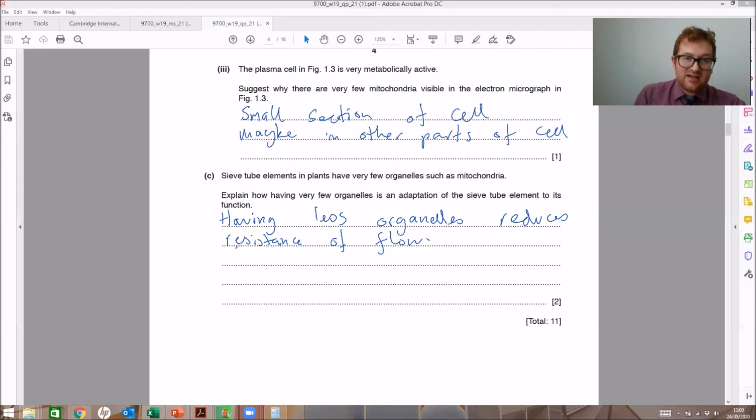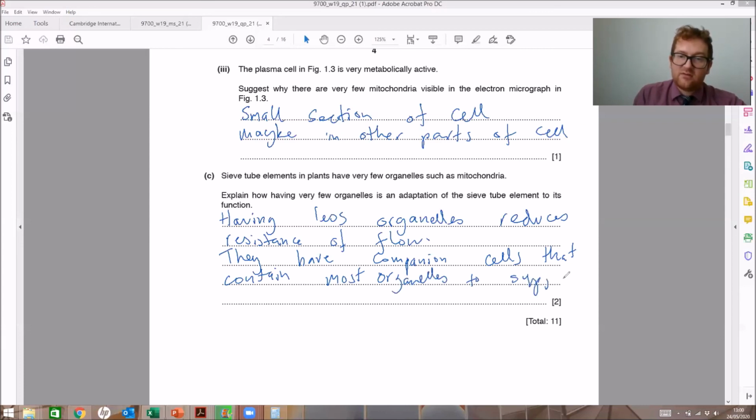So they have companion cells that contain most organelles to support its function, e.g. the companion cells would do active loading rather than the actual phloem cells themselves. So these 2 answers are perfectly acceptable here. There are other points, but this should give you the most marks easily.